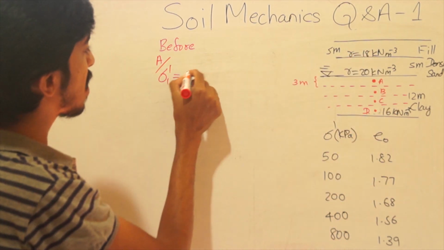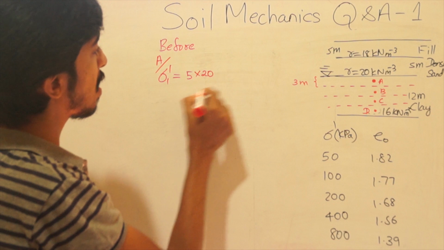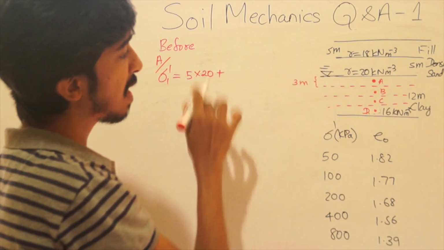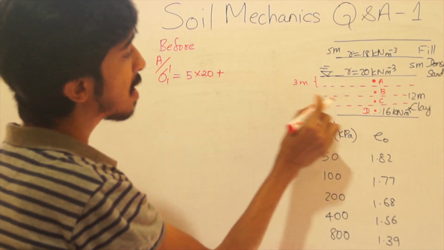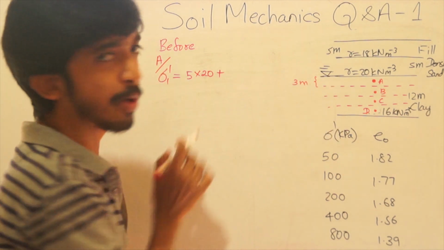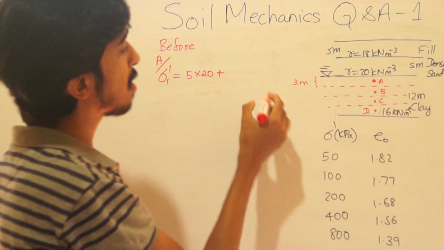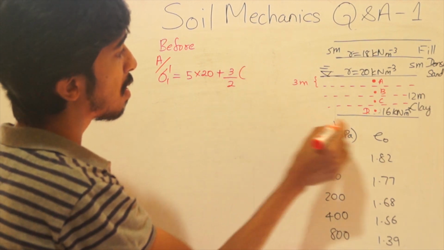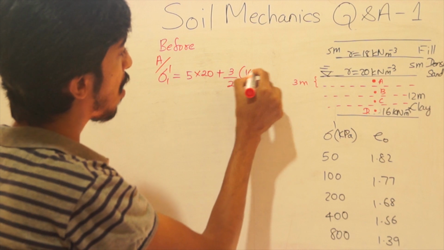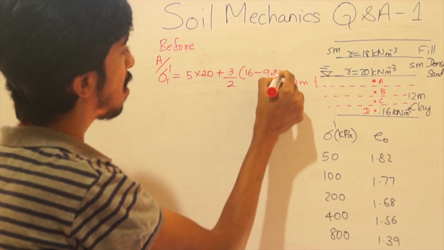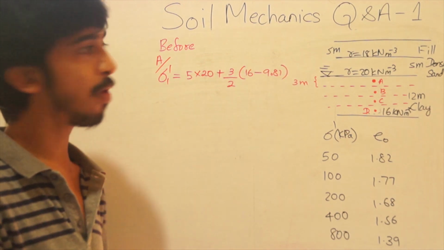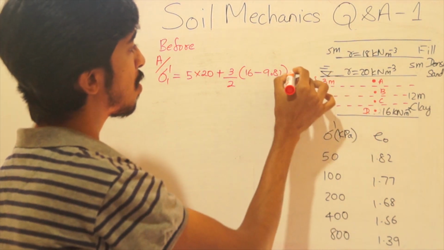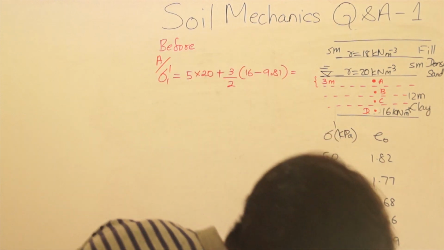From the sand we will get a load of 5 into 20, plus from the clay layer the depth would be only 3 by 2, 1.5 meter, because it is at the center, into unit weight 16 minus 9.81 to reduce the effect of water. Each layer is 3 meter. So we can find out the final answer.